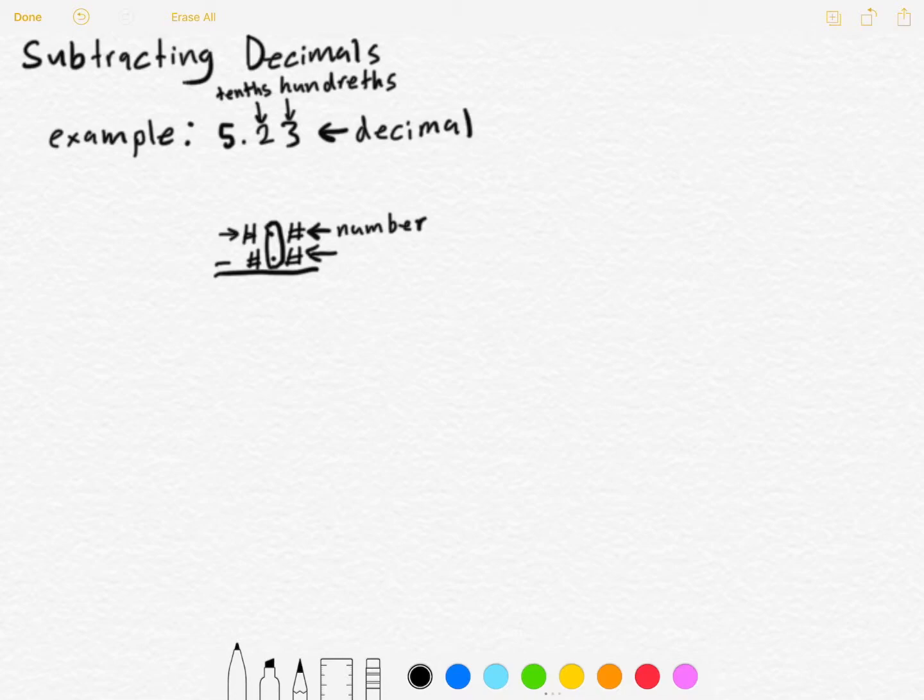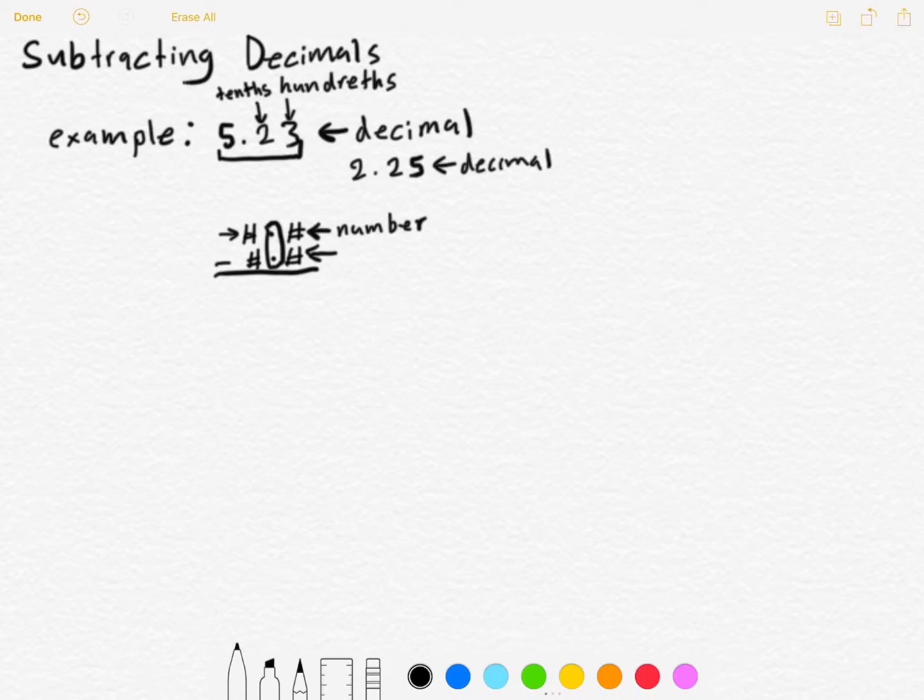And now let's do a problem. Let's say that in addition to this number right here, 5.23, you also have the number 2.25. This right here is also a decimal.